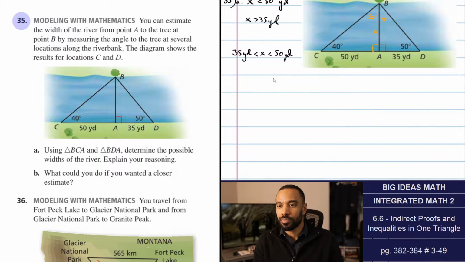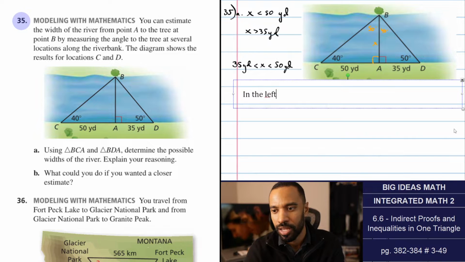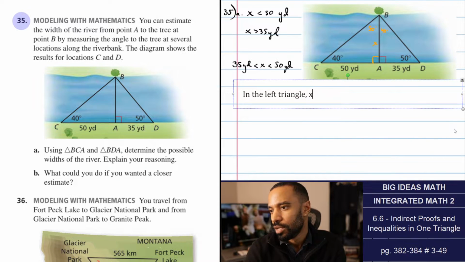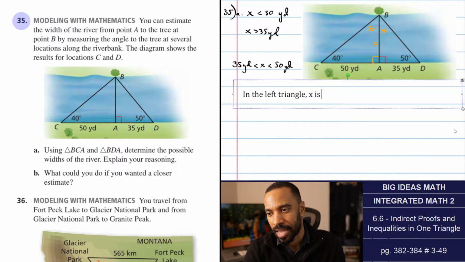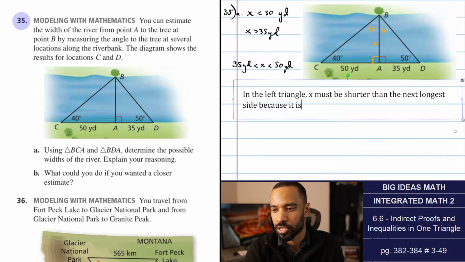I just explained verbally here, but in the left triangle, X, the one that I labeled, X must be shorter than the next longest side because it is opposite the smallest angle.